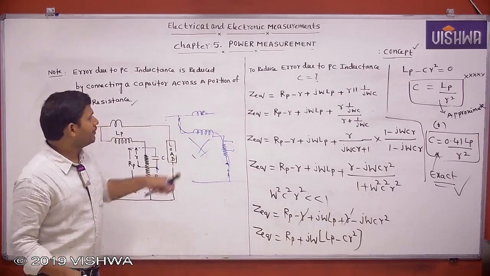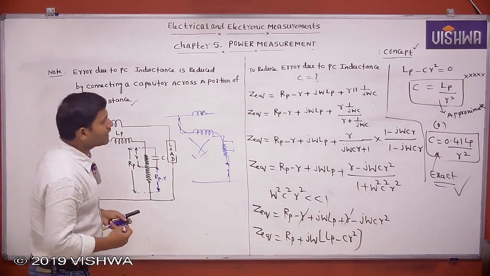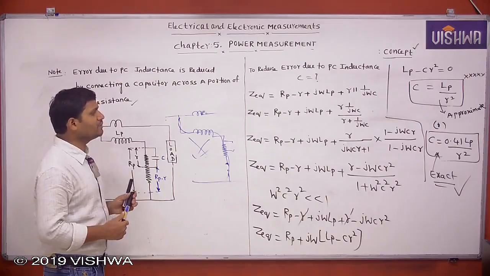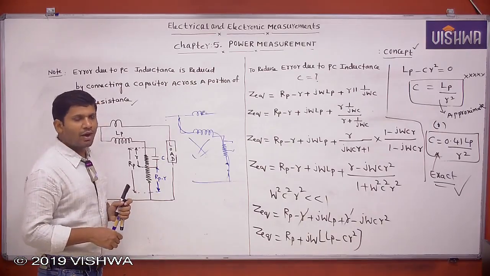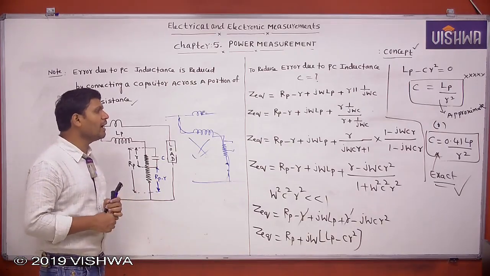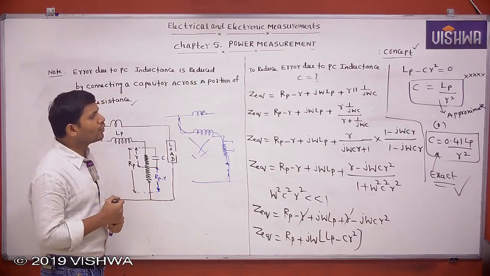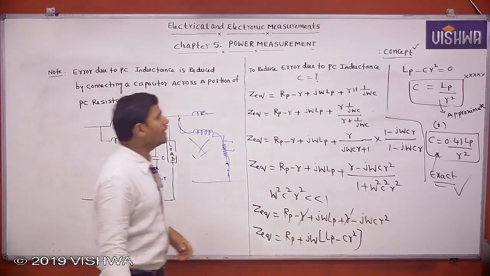Understand? Okay, quick note down. Like this, we can reduce the error due to pressure coil inductance by connecting the capacitor. Then the value of C equal to Lp by R square, or C equal to 0.41 Lp by R square. Quick note down.